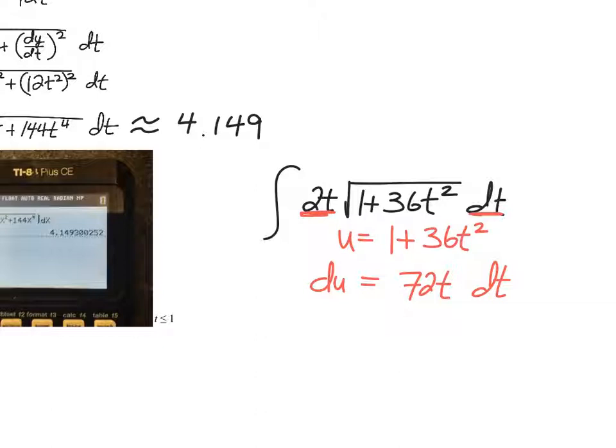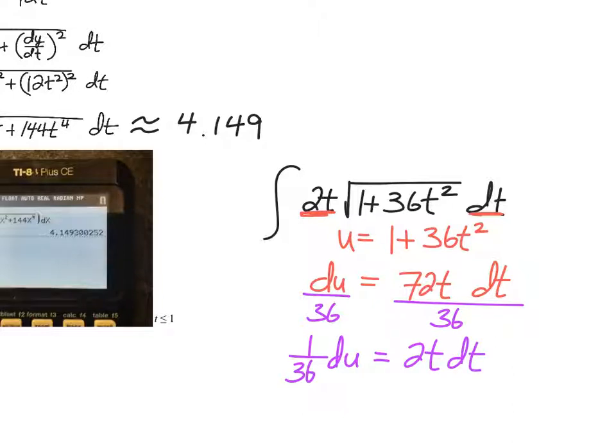So I have 72 t dt. I want a 2t dt, so I'm going to divide both sides by 36. So 1 over 36 du would be equal to 2t dt. So then that would allow this substitution to happen.